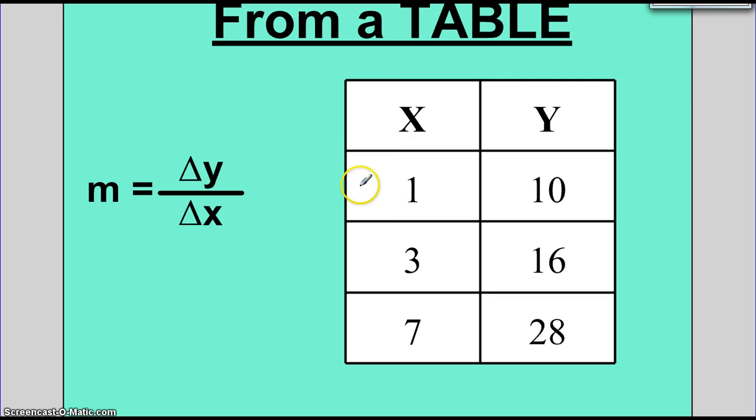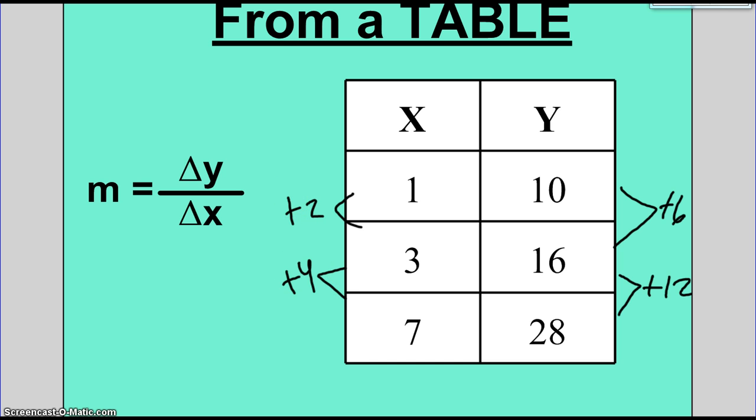From a table, I need to figure out what is my vertical change. So that's this change. That looks like a positive 6. That looks like a positive 12. This one is a positive 2, and this one is a positive 4. So that's what I mean by the change in the y and the change in the x.